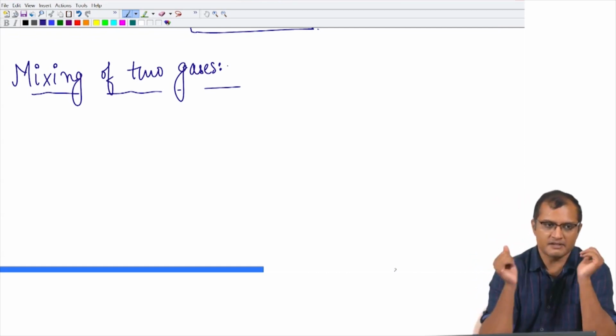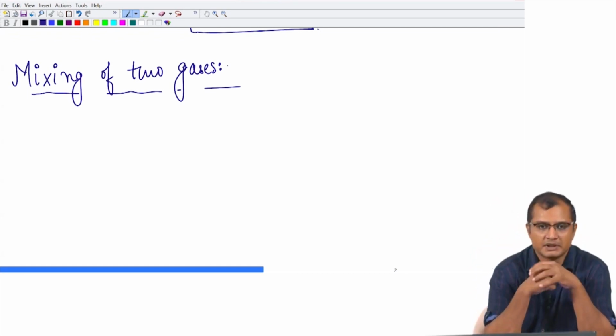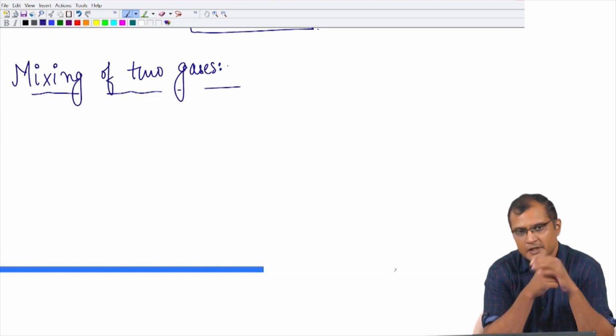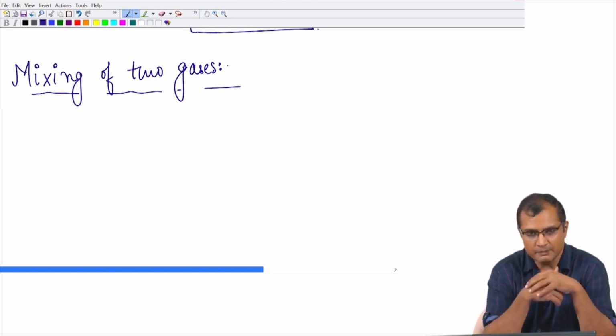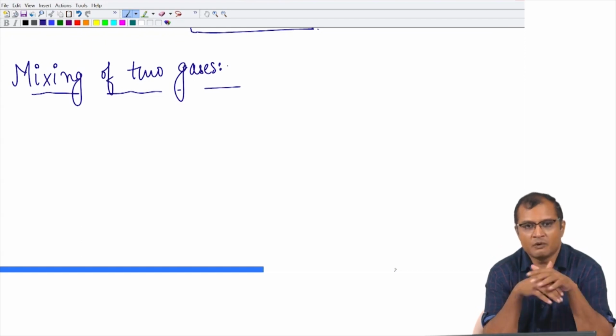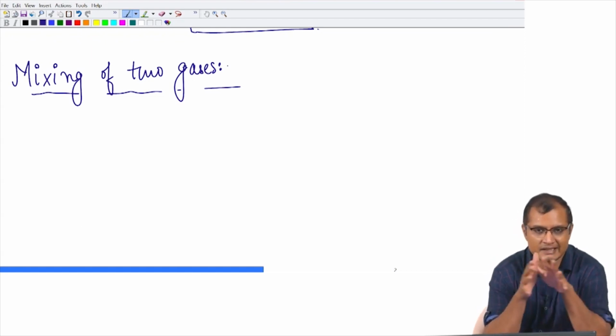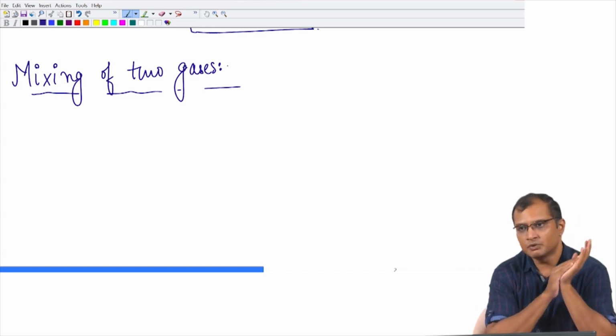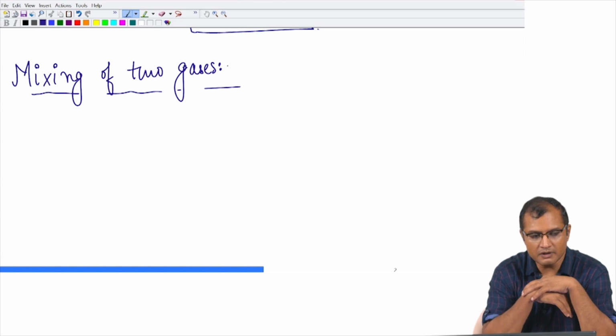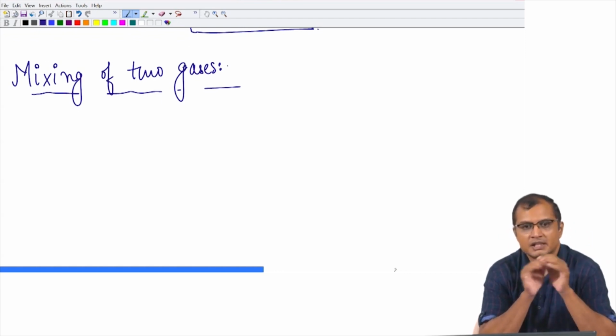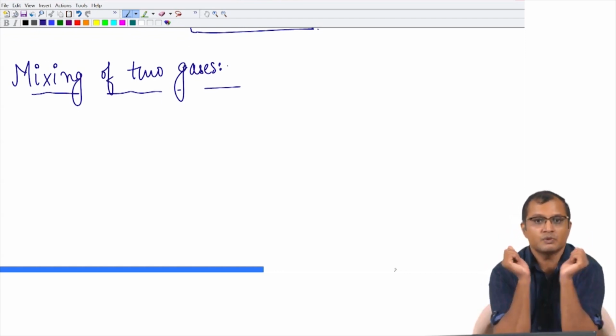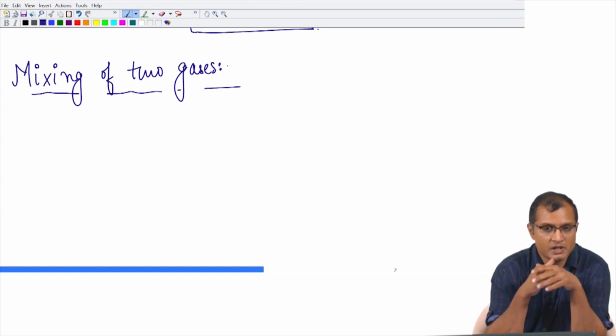One was mixing gases which were of the same type, and he did an experiment on mixing gases of different types. Quite surprisingly, he found that when you mix gases of the same type at same temperature and density, if you do not properly account for indistinguishability, this mixing apparently leads to a rise in entropy of the universe, which is wrong.